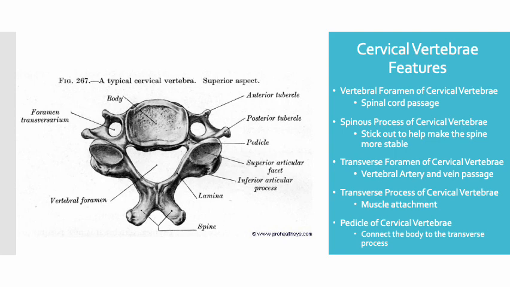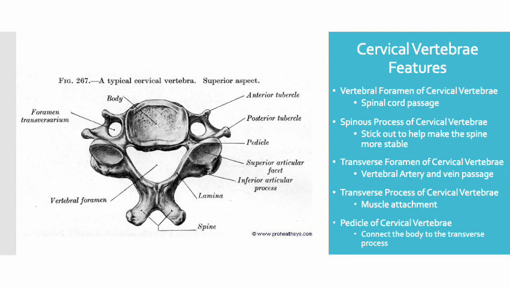So of course it's going to have an area for the spinal cord to go through. Then there's the spinous process. If you look here, it's at the bottom. It looks like 2 little legs coming off the back of the vertebrae. Cervical vertebrae have 2 little knobs for their spinous process. That's a key indicator that this is a neck vertebrae and not a thoracic or a lower back.